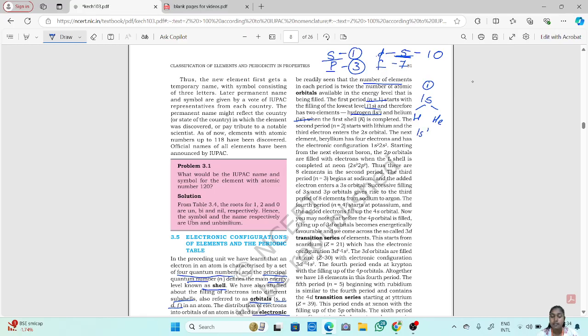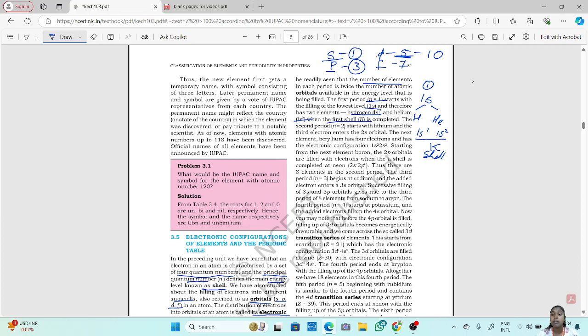Hydrogen is 1s1, helium is 1s2. Now here the s orbital of the first period is completely filled, and this completes the first shell, that is the K shell.